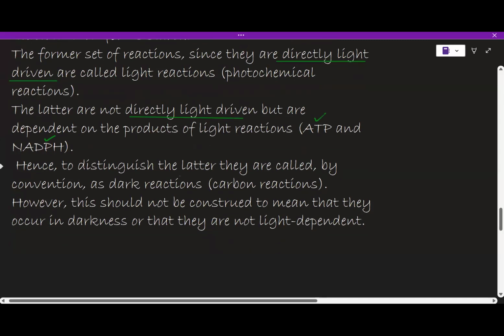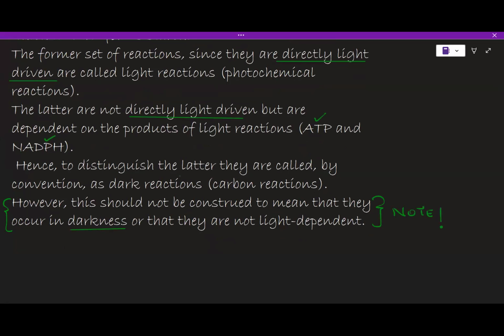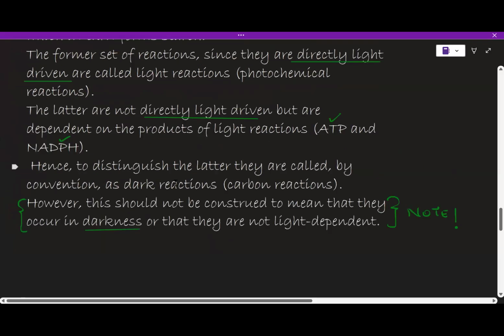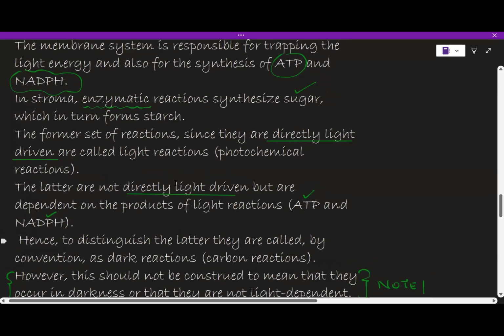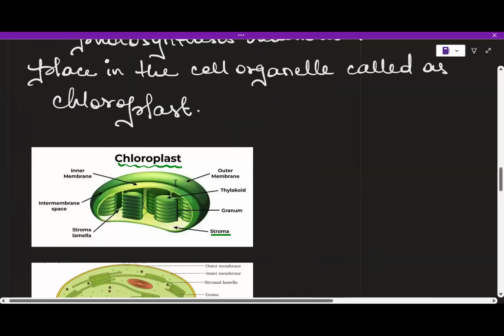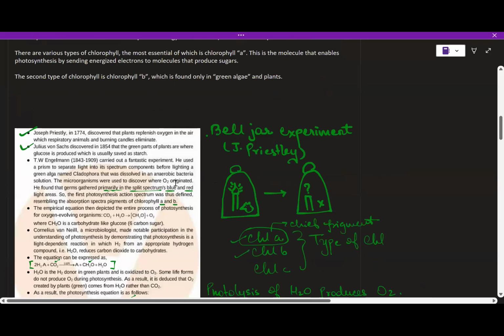However, always remember that this never means that the dark reaction takes place in the dark. Many times people think that the dark reaction has gotten its name because it happens in the dark. No, definitely not. It happens in the light only, but it is not directly dependent upon the light. Rather, it is driven by the light. Clear?